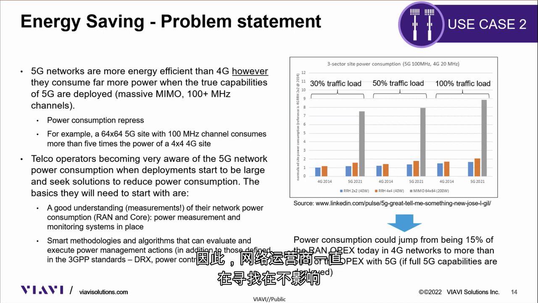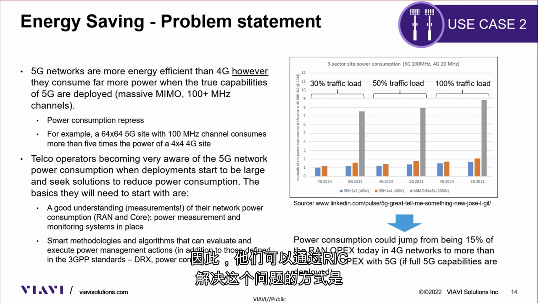So network operators are always looking at ways to reduce power consumption without affecting the coverage or the capacity or the user service. The way in which they can address this with the RIC is, first of all, the RIC needs to understand where and when and how much energy is being consumed by the RAN, basically power monitoring systems.